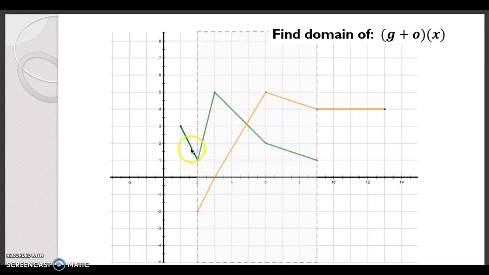Because even though this green function goes from 1 to 9, the orange function only goes from 2 to 13. So they both have outputs from 2 to 9. Okay? So from 2 to 9 is our domain of our addition function. So that's what it means by intersection of functions.